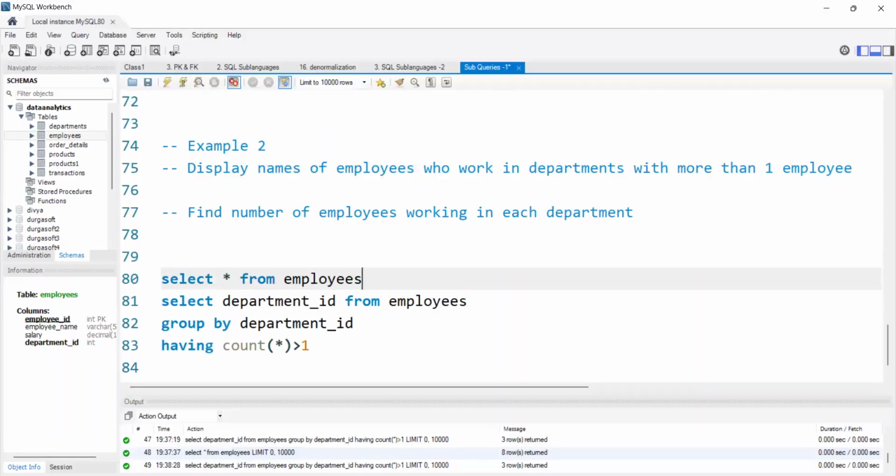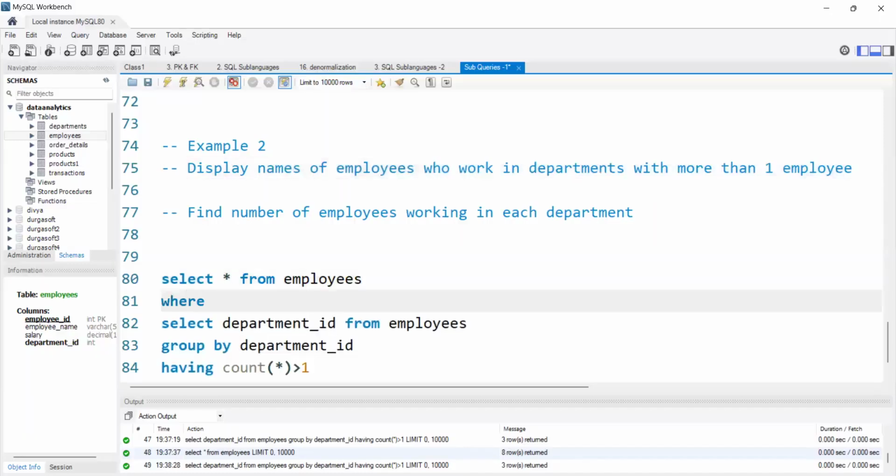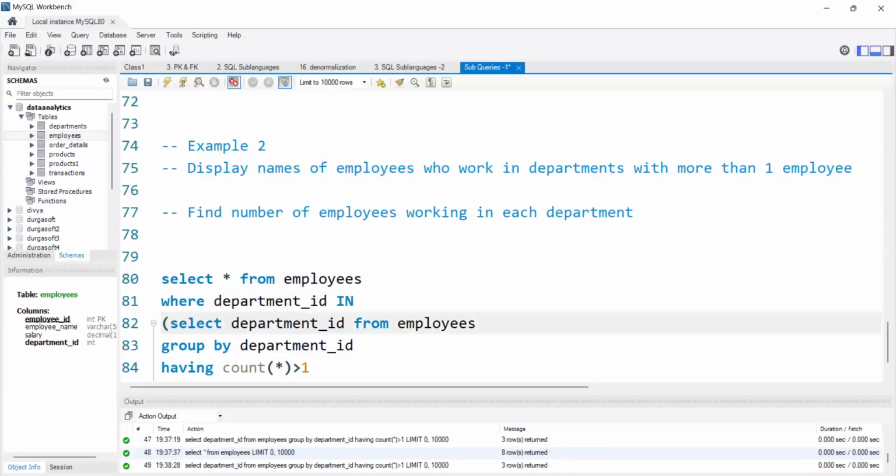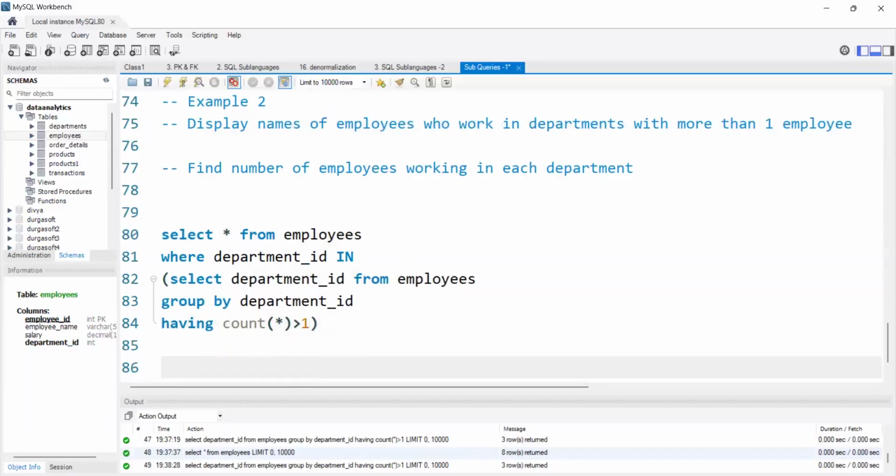Again, my condition: who work in the departments, in the sense, obviously I will write here where department ID in, because we are talking about the departments here. Again, I will use the in operator, and basically this will be the subquery, so I will use parentheses for this, correct. This is how we will solve the queries.